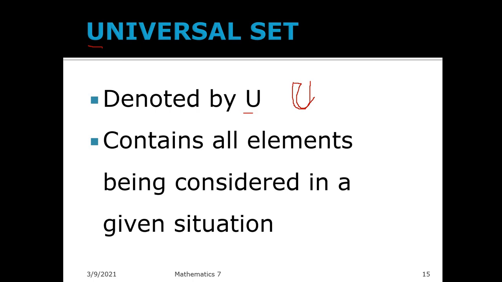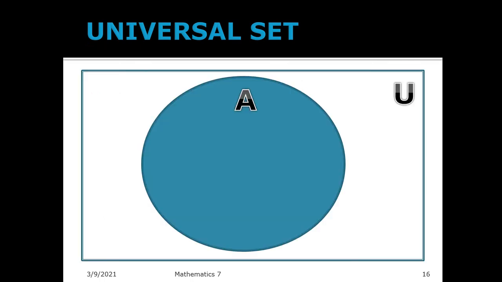So everything in a given situation. If you're going to draw it, we represent the universal set inside a rectangular shape, while smaller sets we put in circular figures, which can be represented here by A, but you can have more than one smaller set.